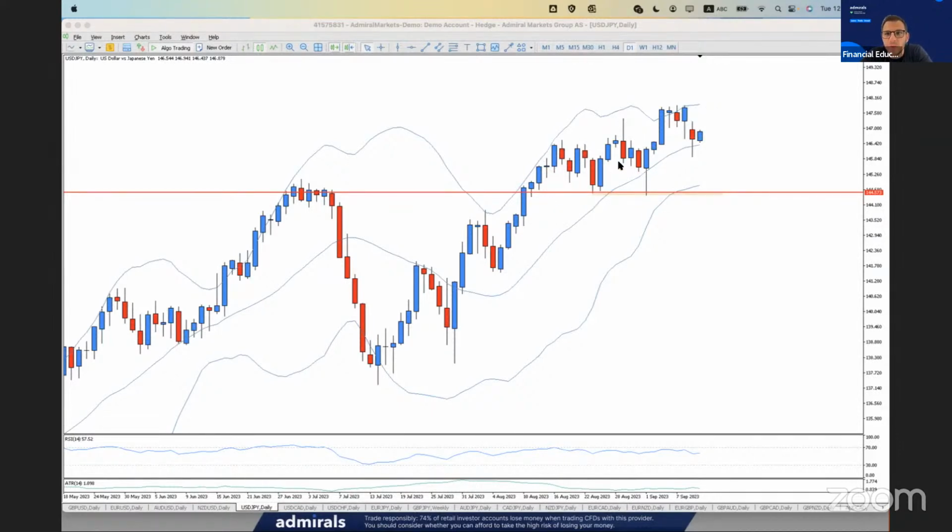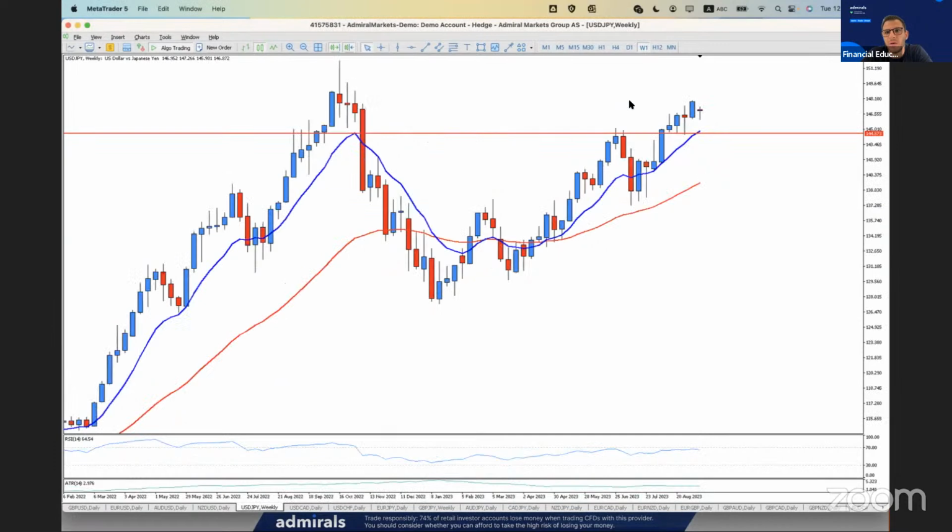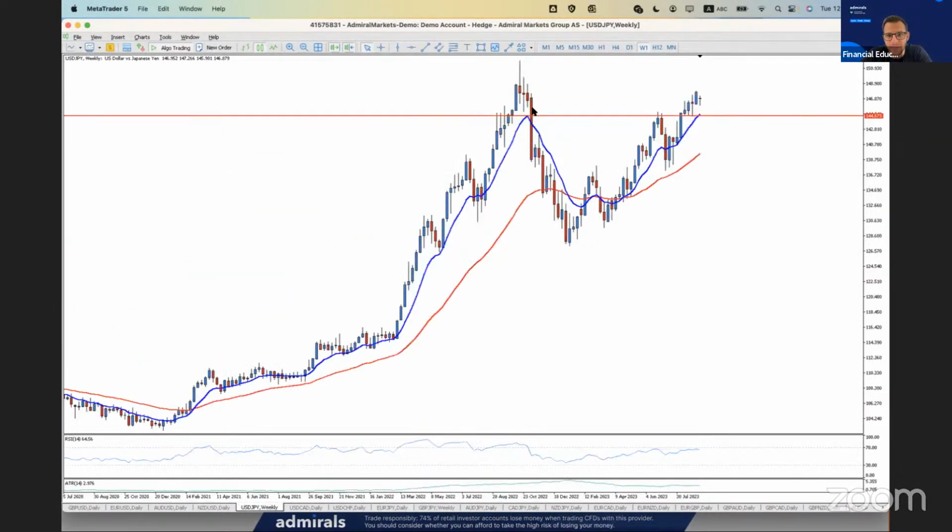They get confused because they're trying to find a setup here. But remember, if we are a daily price action trader, we use the weekly chart for our analysis. Weekly chart, it's in a strong uptrend. Market makes higher highs and higher lows.